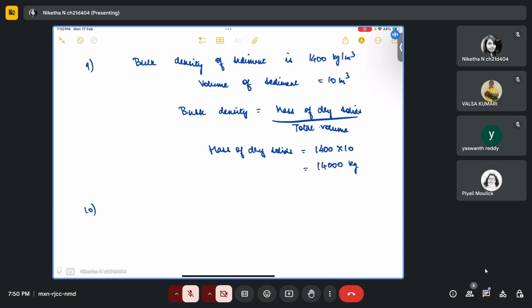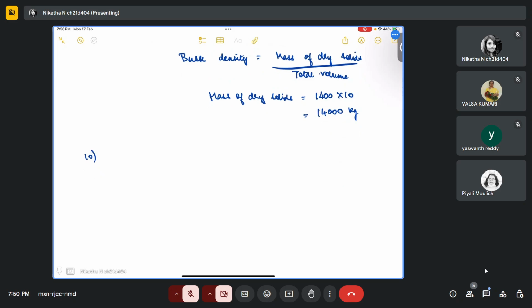Okay, this is a follow-up question. So if the bulk density is 1400 kilogram per meter cube and the volume is 10 meter cube, what is the moisture content of the sediment in mass of moisture by mass of wet sediment?